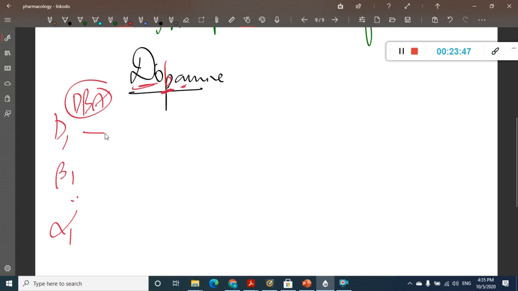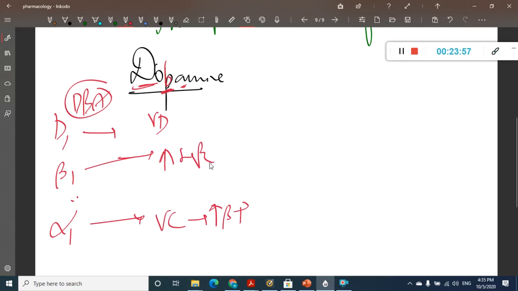Remember DBA: D, B and A. D1 causes vasodilatation. Beta 1 increases heart rate, whereas alpha 1 causes vasoconstriction and thus increases BP. So dopamine acts on these three receptors, and there is opposite action especially in D1 and alpha 1 receptors. This action depends upon the dosage.